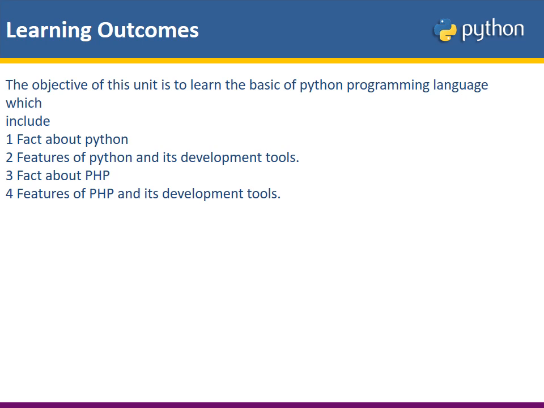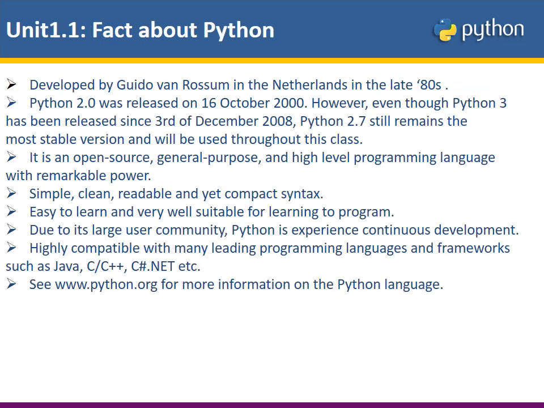As we look into the features of Python and its developmental tools, we'll be looking at the features of PHP and its developmental tools, so as to compare and contrast the two programming languages. So let's see the facts about the Python programming language.